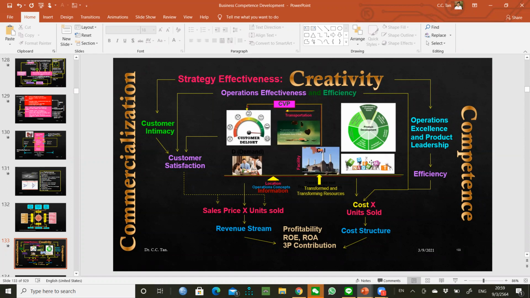And if you look carefully, this is really nothing but a business model, right? Or you look carefully, this is really nothing but the familiar business model canvas, right? Which is value creativity, value creation, value production in the competency, and value delivery in your commercialization, and value capture in your financial structure.